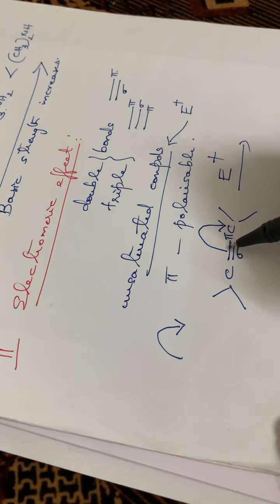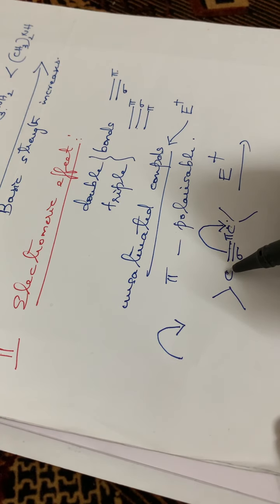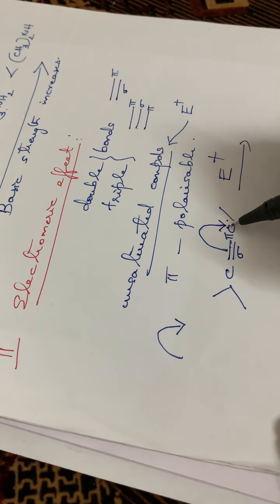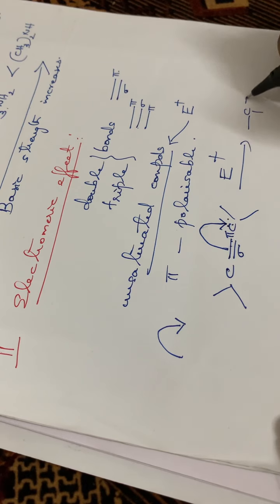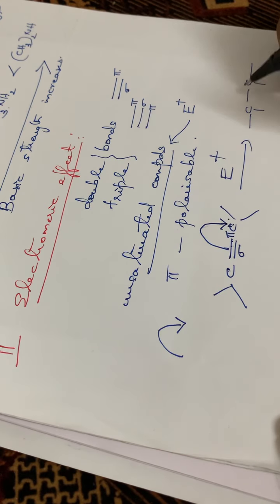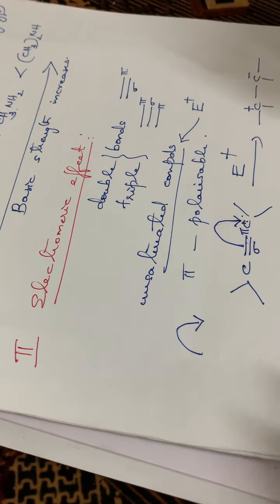If this electron pair is completely transferred to this carbon, this carbon gains a negative charge and the other carbon gets a positive charge. We can write it as C single bond C, with the pi bond shifted. Since the pi bond is shifted towards this carbon, this one gets a negative charge and the other a positive charge. This is the electromeric effect.